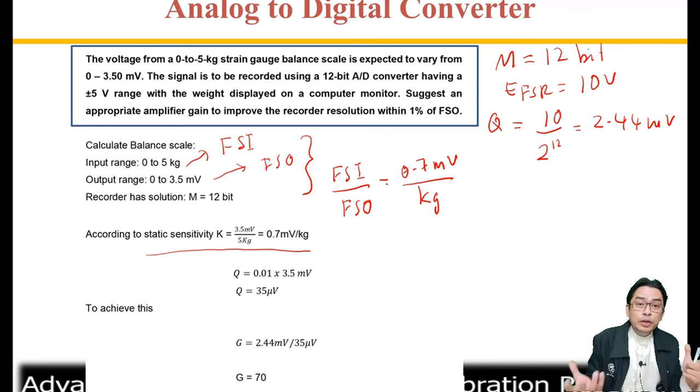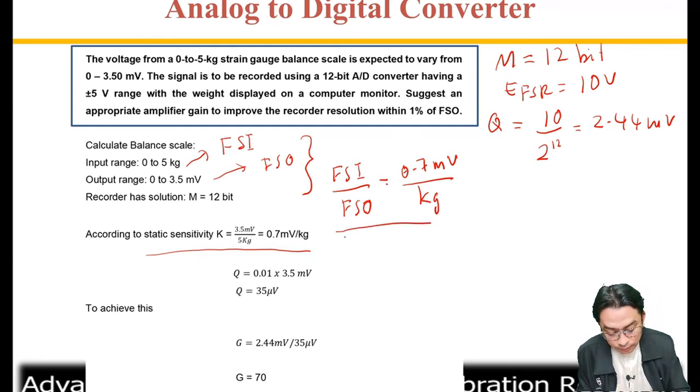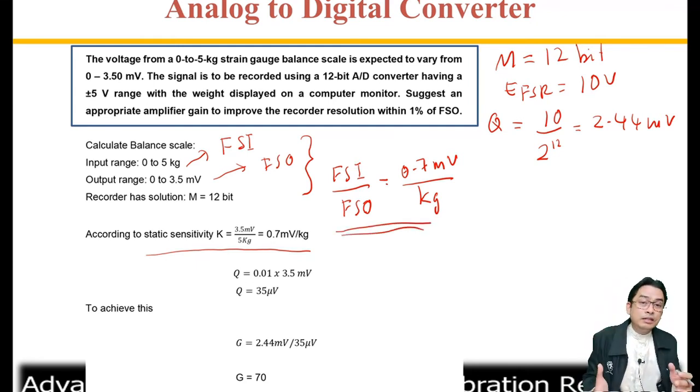The problem that we have is the quantization. Each move of the scale is actually 2.44 millivolt. By looking at this information here, it is difficult for us to measure 1 kilogram, 2 kilogram, 3 kilogram.